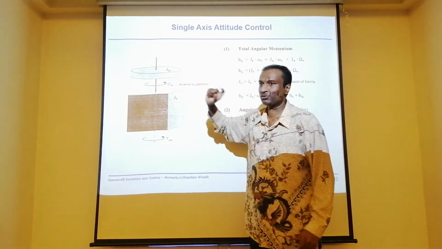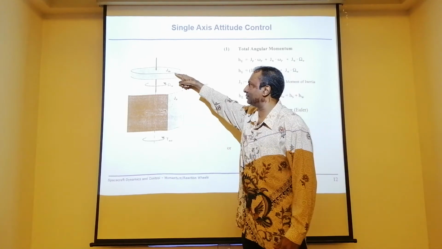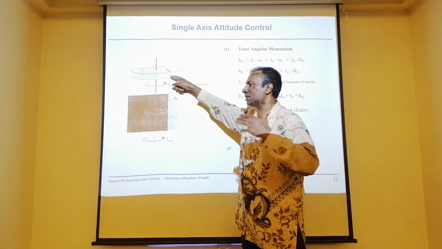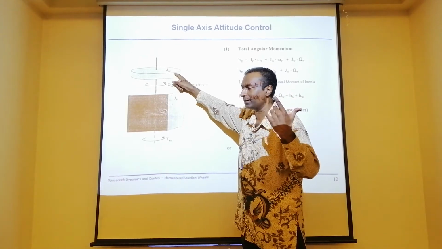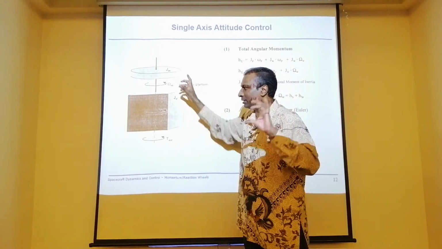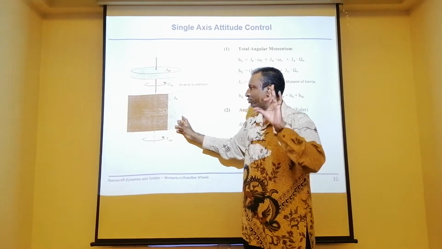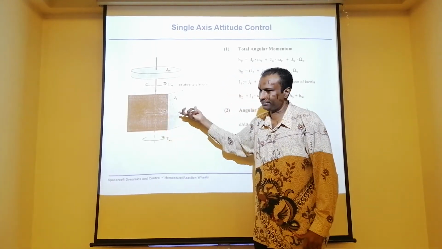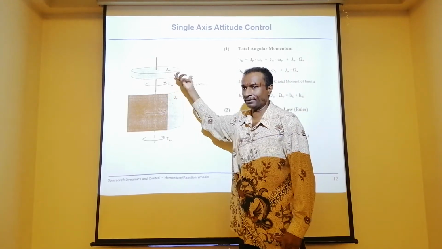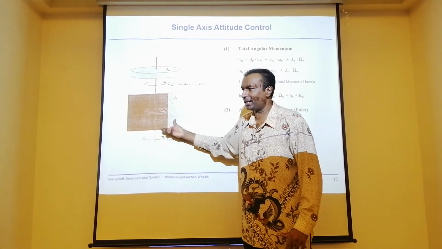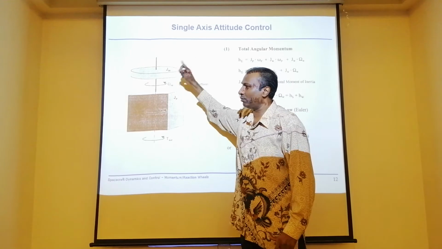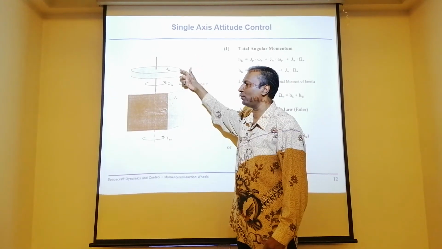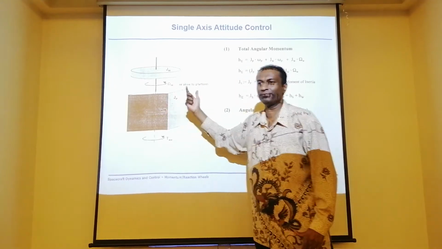But the wheel itself is also rotating at its own speed, omega wheel. So there are two rotational motions here. The platform is rotating, the wheel is rotating, and because of the platform rotating, the wheel also rotates with the platform.